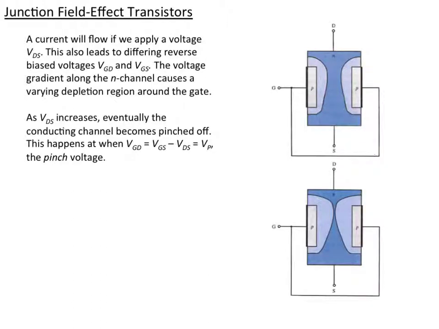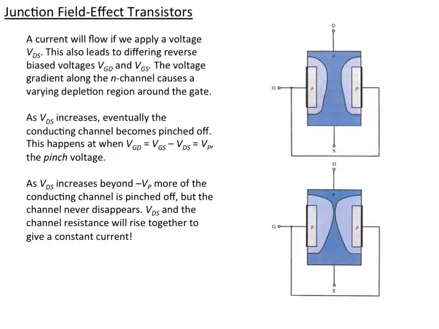Eventually there comes a voltage between the gate and the drain where the channel pinches off. Now it doesn't actually go away, but it will become very, very narrow, and so this defines a voltage where this happens, which is called the pinch voltage.